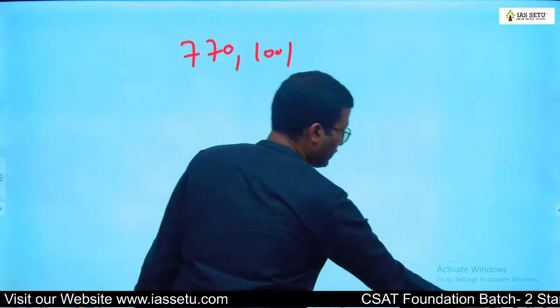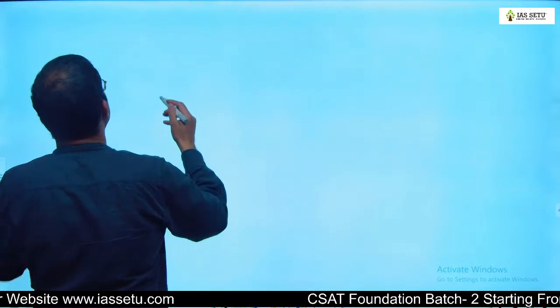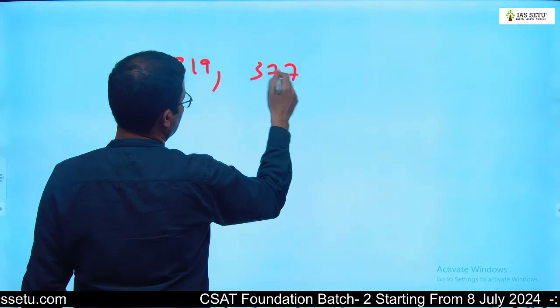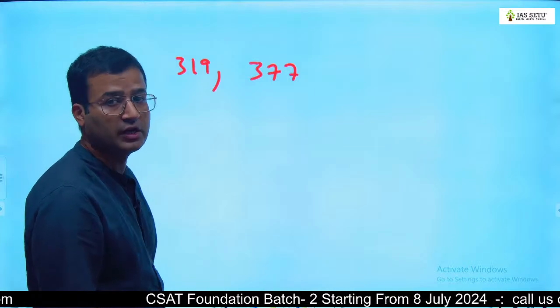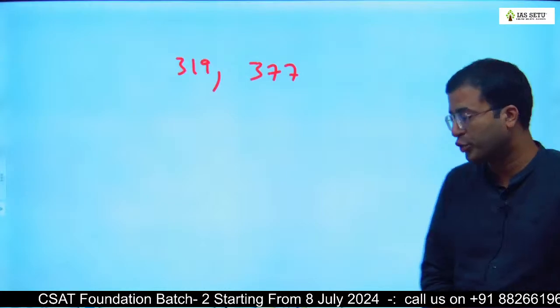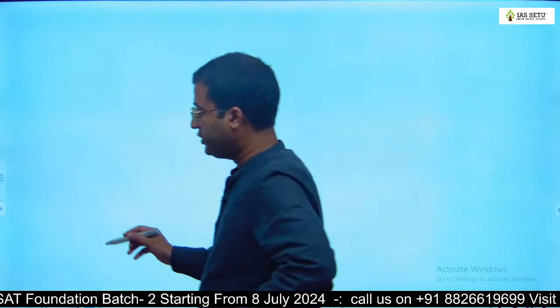We have to find HCF of, like here, 319, 37. So we have one method, division method.